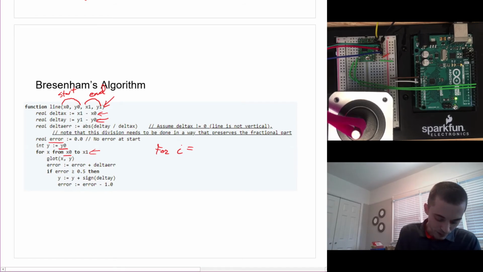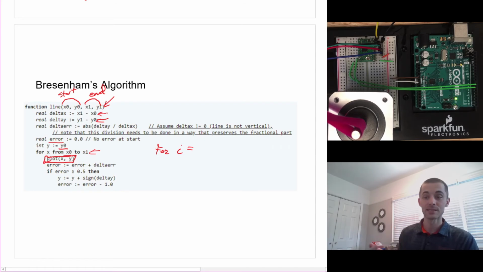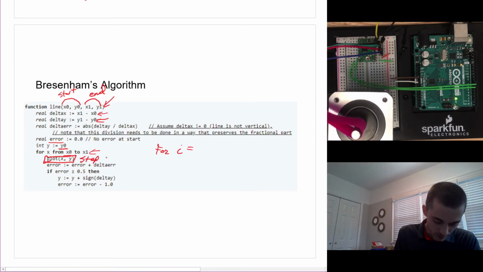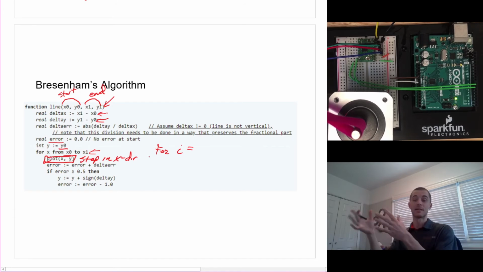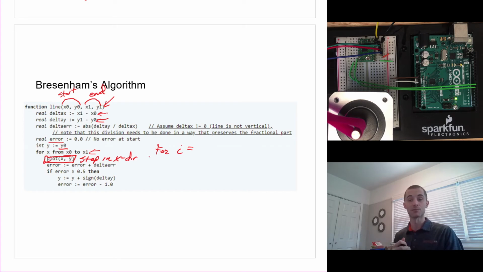And instead of plotting here, we would actually say step in X direction. So instead of plotting on the graphics display, we're going to say move the X motor.